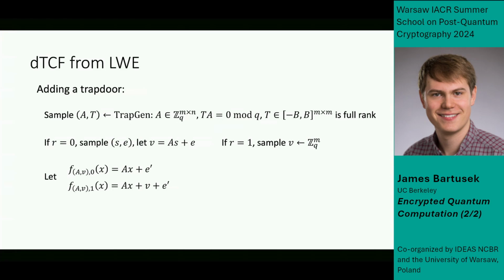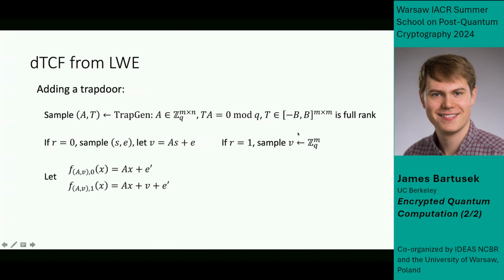But now it comes along with this M by M matrix T that's in the left kernel of A, at least mod Q. So if I left multiply A by T, I kill A, right?